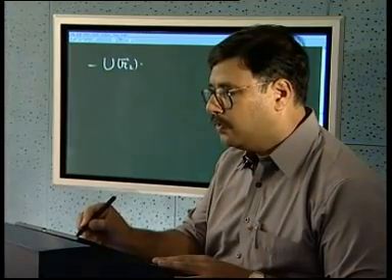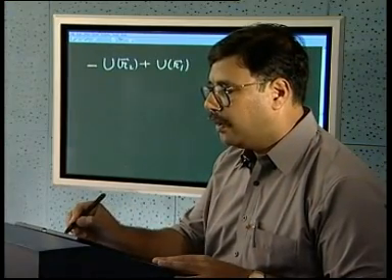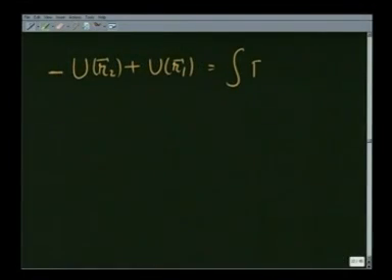I define the potential energy as U(r2) minus U(r1) as the integral of F dot dl from r1 to r2, and I am not writing any path in this because this is defined only for those forces for which the work done is path independent.